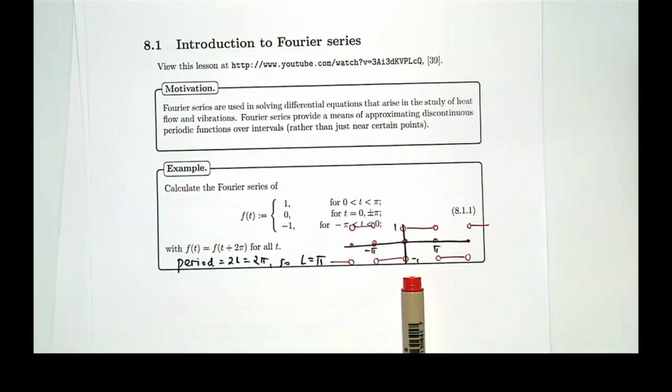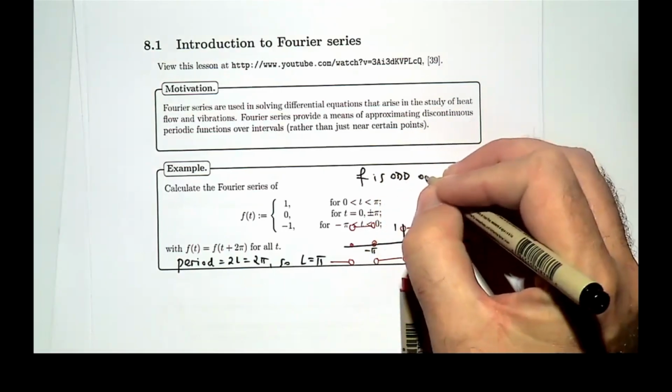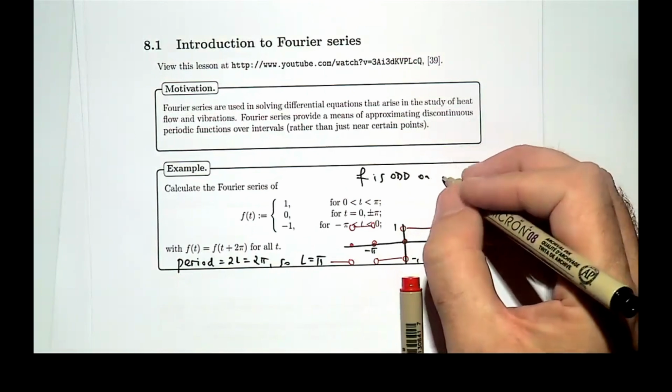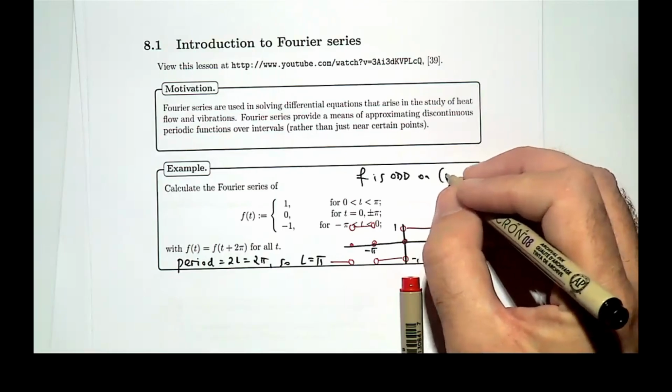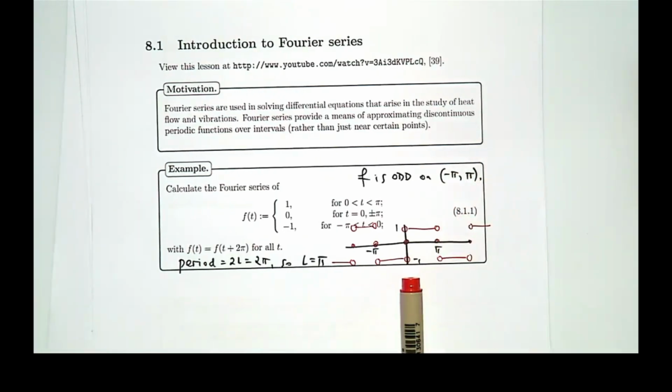It is odd. So what does that mean? It means that these Fourier coefficients are going to massively simplify. Okay? They're going to massively simplify, which is a good thing.